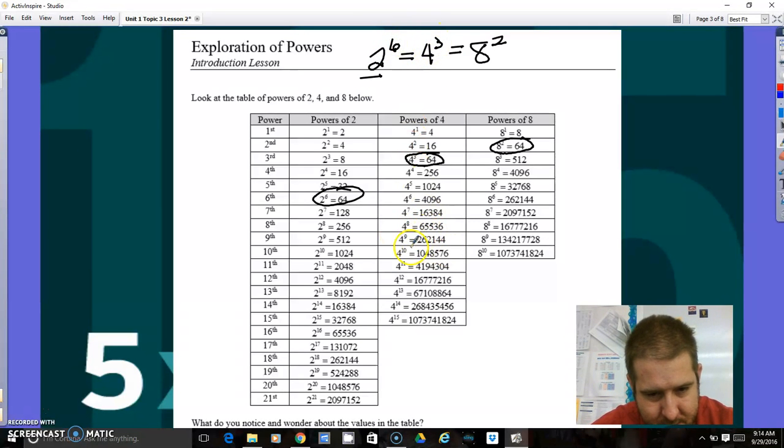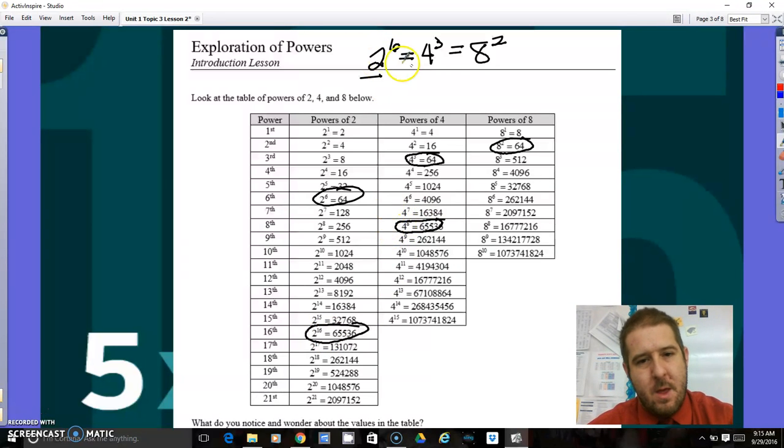If we look to find something else that is also the same, I see something here: 4 to the 8th is the same as 2 to the 16th, because you'll notice that the exponent for 2 is always going to be twice that of 4. If you look from 4 to 8, you'll notice that 8 always has an exponent that is 2/3 of that of 4.